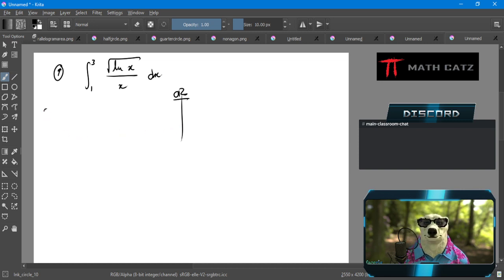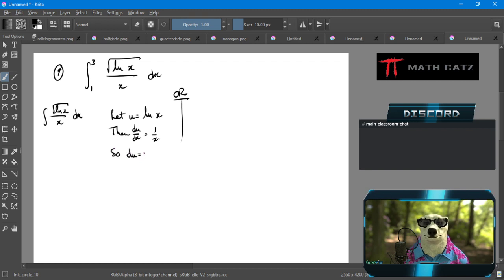Option 1 is just care about finding an antiderivative in x before plugging it in. Separate these two parts. Well, that's going to need a substitution. Let u be natural log of x. Then my derivative is obviously 1 over x, which I perfectly see.